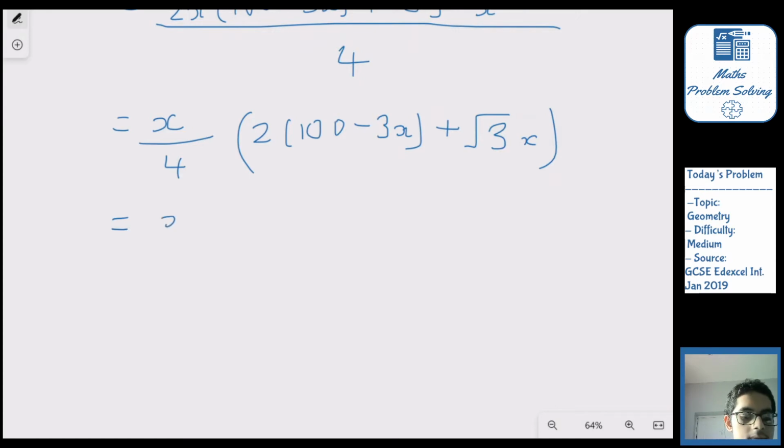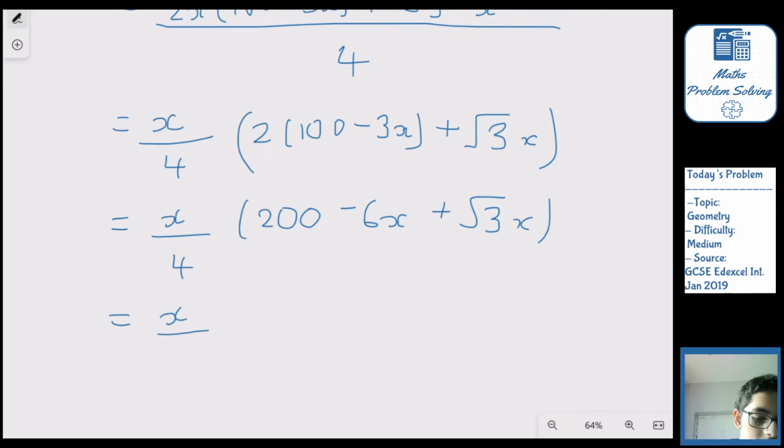So x divided by 4 times 200, just multiplying out the brackets, minus 6x plus the square root of 3 times x, which equals x divided by 4 times 200. Now let's factorize minus 6x plus the square root of 3x to plus x times the square root of 3 minus 6.